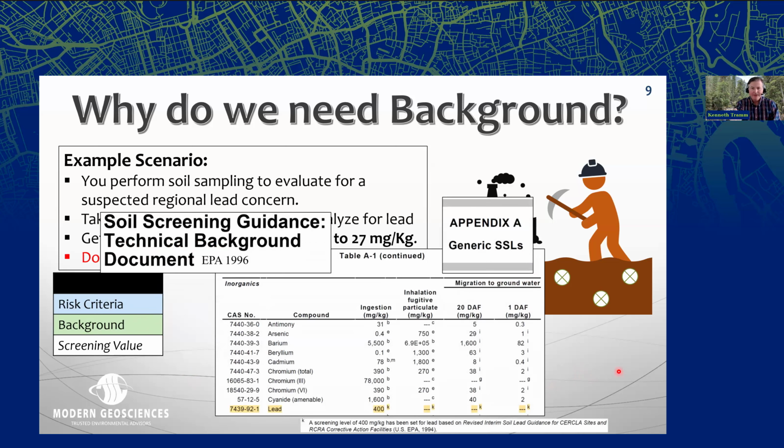All right, so one thing to know about, if we looked at lead, and this is lead specific, right? So I mentioned that 1996 soil screening guidance document from EPA. If we went back in time a little bit, we could actually pull up and see the values that go with it. So if we've just highlighted lead here, I essentially have an ingestion-based number, an inhalation of particulate-based number, and then I have a soil to groundwater leaching number, right?